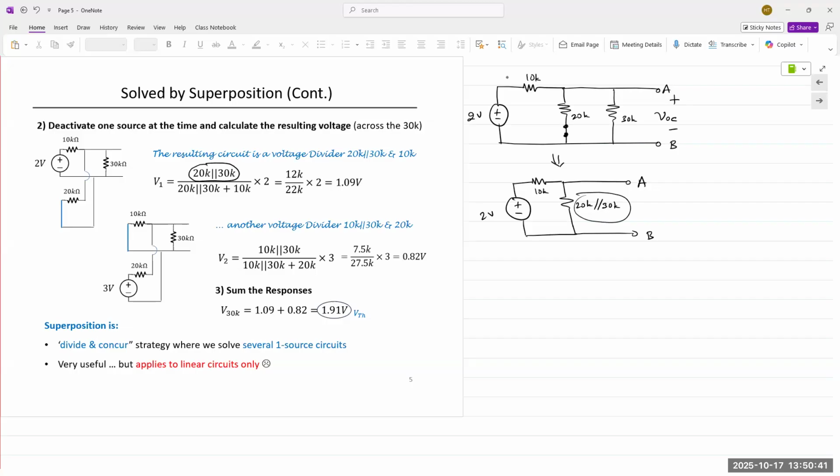Because they are in series, we're trying to find the voltage across that bottom resistor. And hence, we can apply this equation. So Req in this case is simply 10K plus 30K in parallel. We calculate that, and we come out to 1.09 volts.